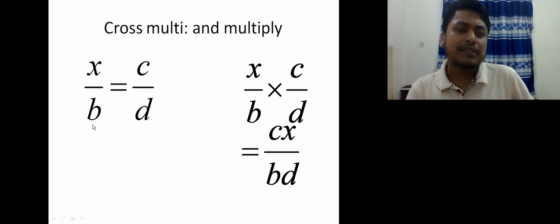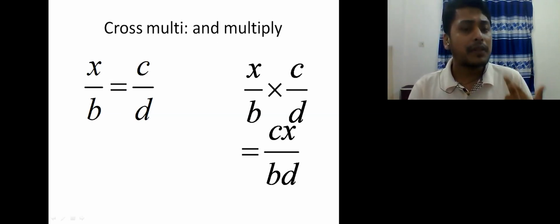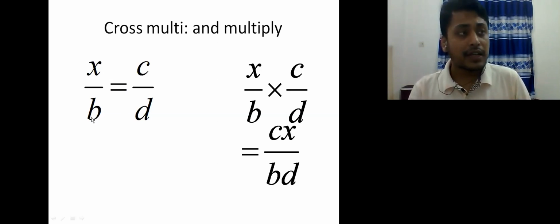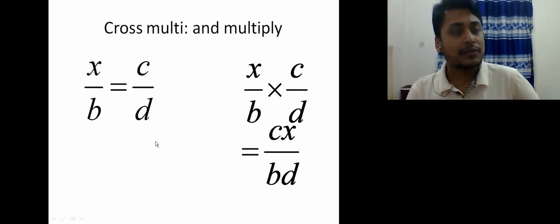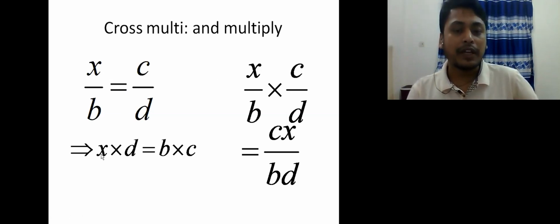If x lies down, we will start from down. So x multiply d equals b multiply c.